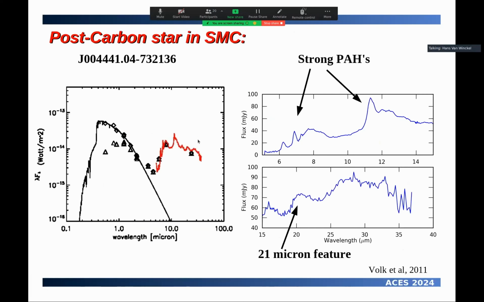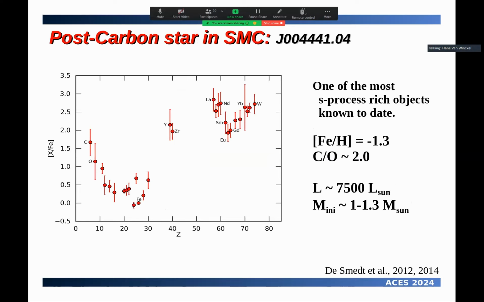It's a 21 micron source, which is a dust feature not yet identified, but associated with the carbon-rich nature of the central star. You have both, so you can combine whatever you know from the infrared also with the photosphere. This is one of the most S-process rich objects we know. It's up to 1,000 times the value of the sun.